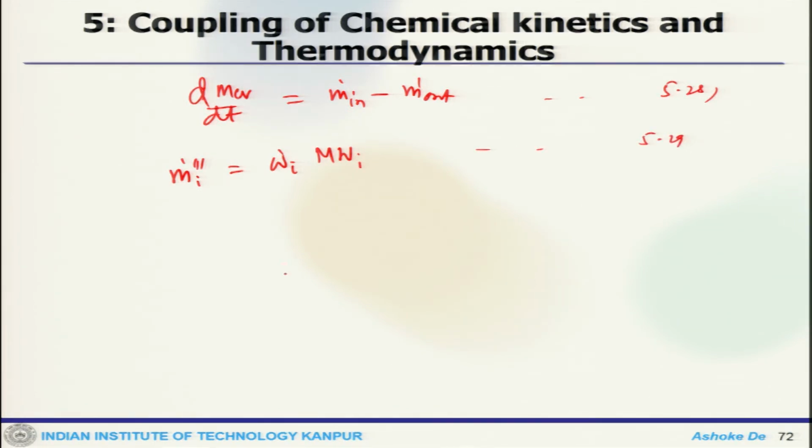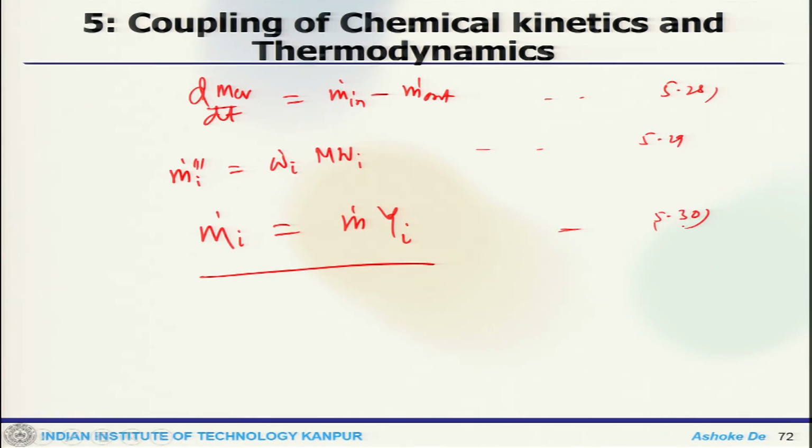Now, ignoring the diffusion flux, one can write that m dot I equals m dot y I. Now, one can apply equation 5.27 to the well stirred reactor, and the time derivative on the left hand side disappears for steady state.